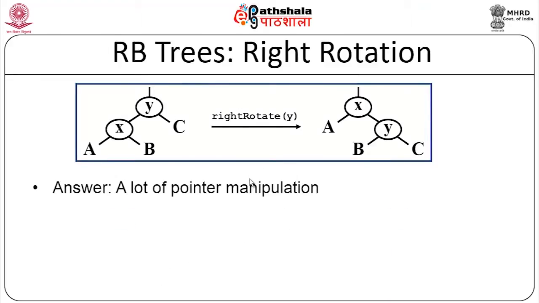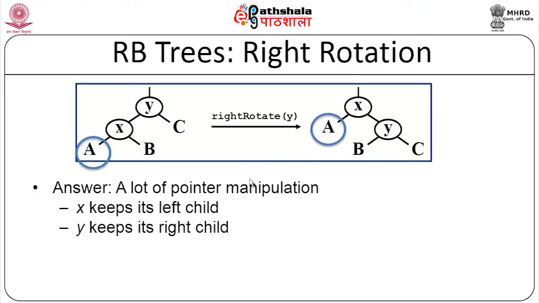Now, in red-black trees, let us take a right rotation. So, you have a right rotation about y; y is called the pivot. Here you have to do a lot of pointer manipulation. x keeps its left child, and y keeps its right child.